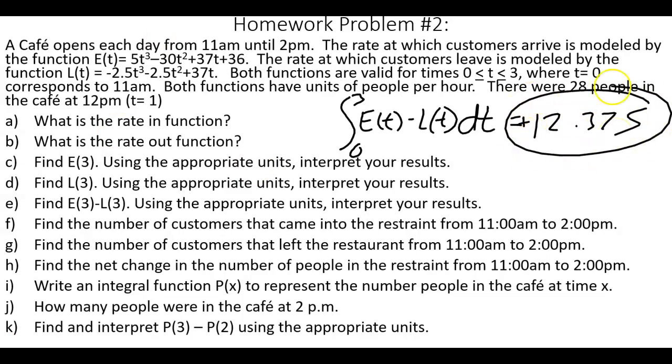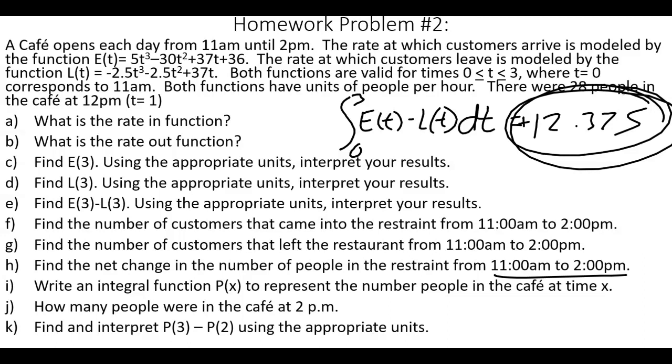Now notice that it's positive. So that means that on that 3-hour period of time, the population has increased from its initial amount by approximately 12 people. 105 people came in, but at the same time, 93 people left, meaning that we have a net change of about 12 people overall.